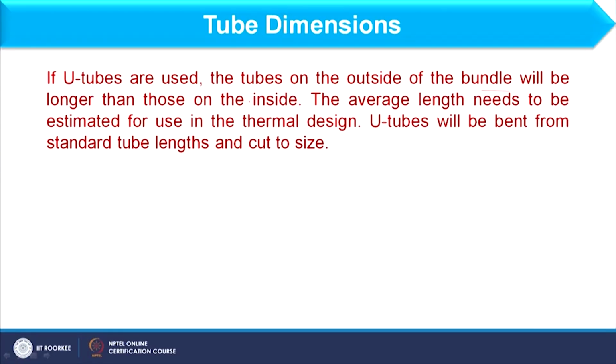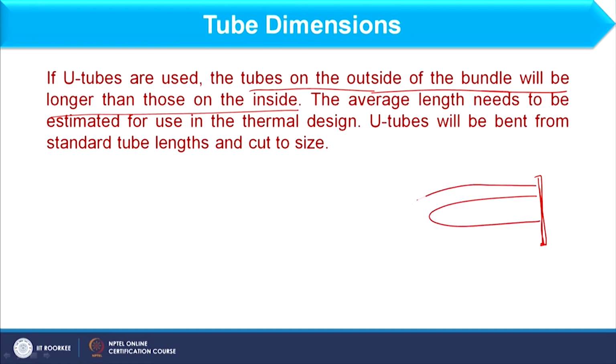Now, if we use U tubes, so what will happen? In that case, tubes on the outside of the bundle will be longer than those of the inside, and that is very obvious. If I am having tube sheet like this, okay, here I am having inner tube, and if I am considering outer tube, it means outer tube dimension or size is very large in comparison to inner pipe, right.